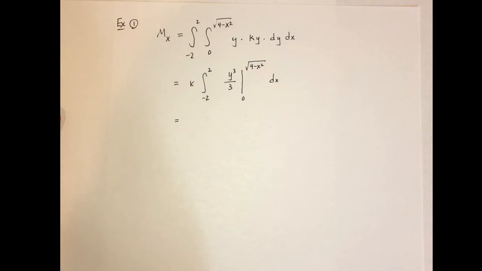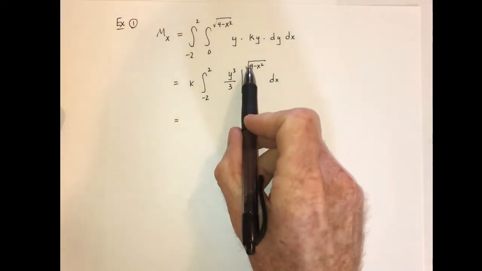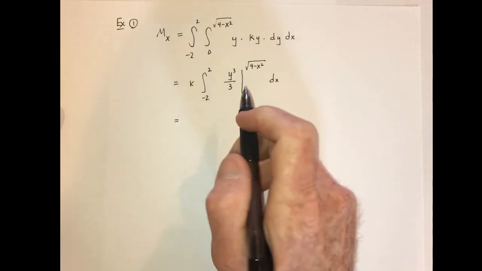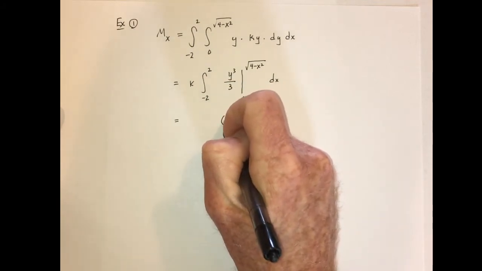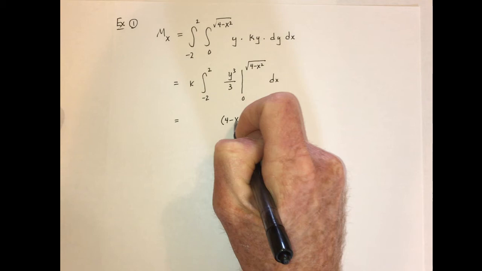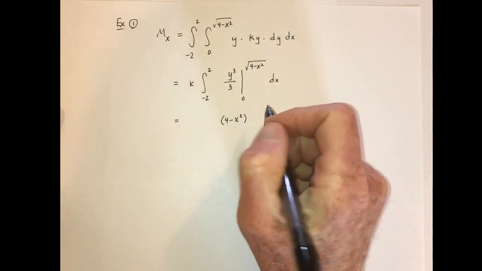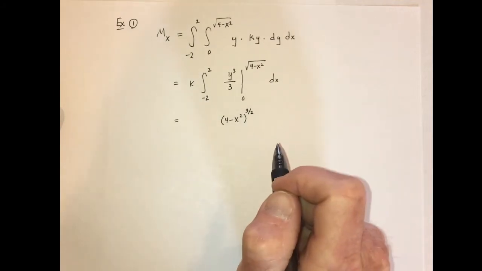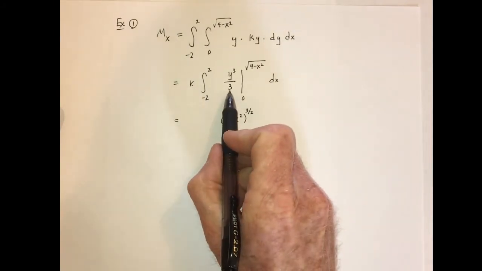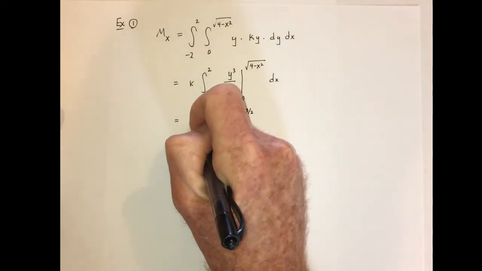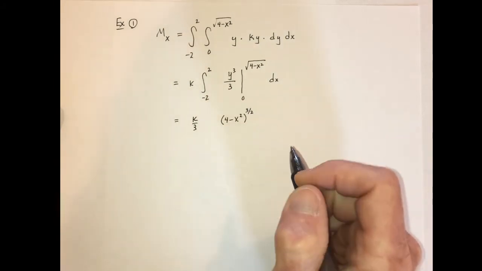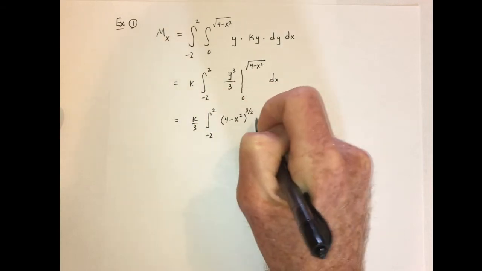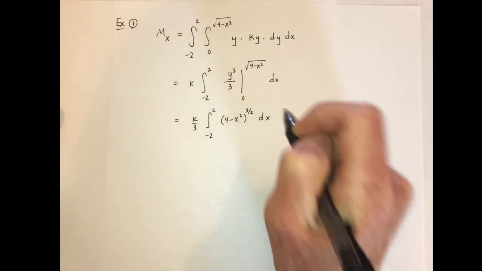Then for the next step, when you substitute this in there, it's not going to cancel this time because now it's cubed. So it's going to be 4 minus x squared raised to the 3/2 power. And then this 3, I could factor it out. It's going to be k over 3, and then integrate from -2 to 2 with respect to x.